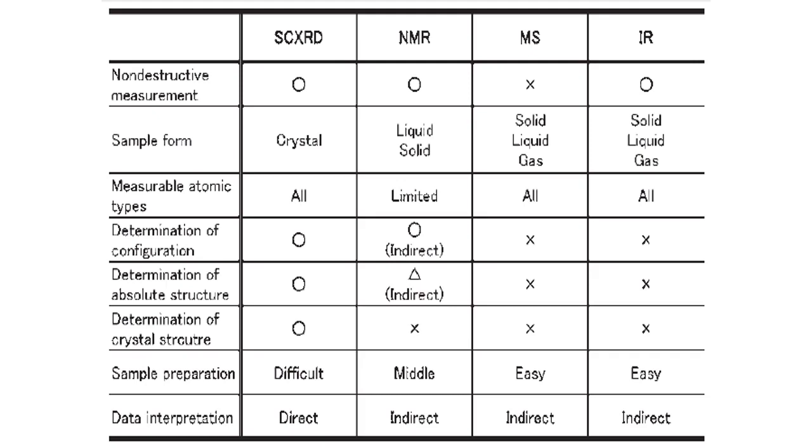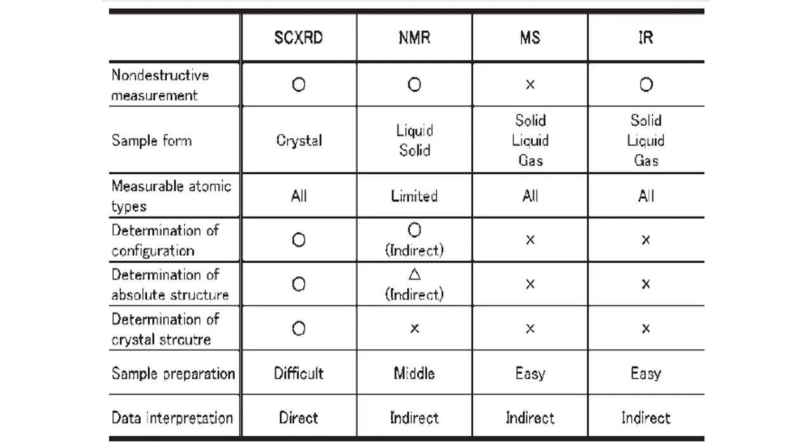Sample form: in XRD, we can use the crystal, and in NMR we can use liquid and solid both. In MS we can use gas, liquid, solid, and in IR we can use gas, liquid, and solid also. Measurable atomic types: in single crystal XRD we can measure all types of atoms.